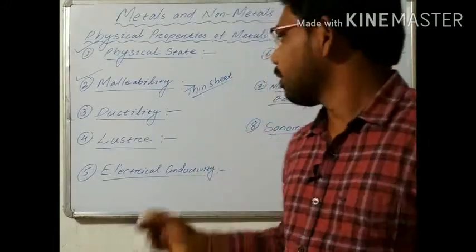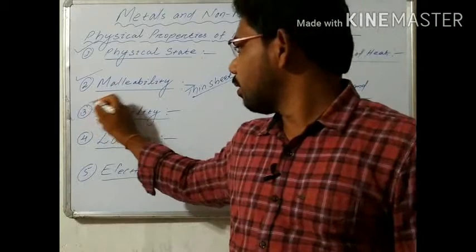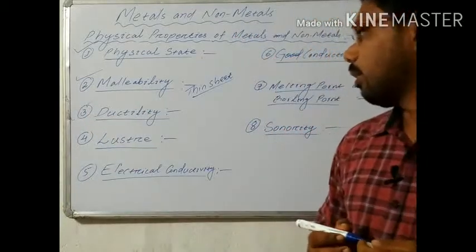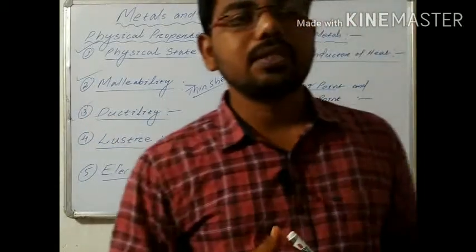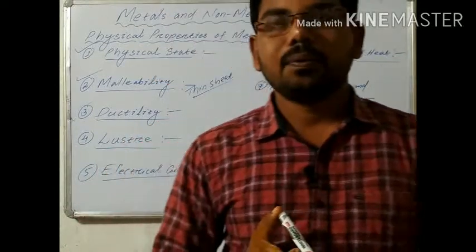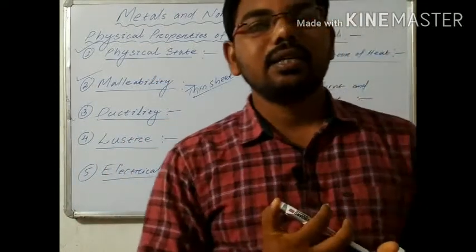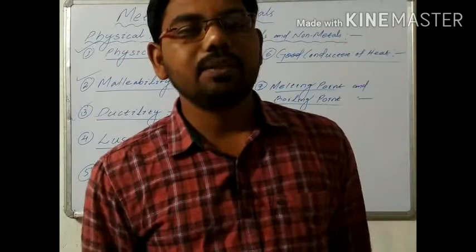Next, the third property is ductility. Ductility is the property by which metals can be drawn into thin wires.